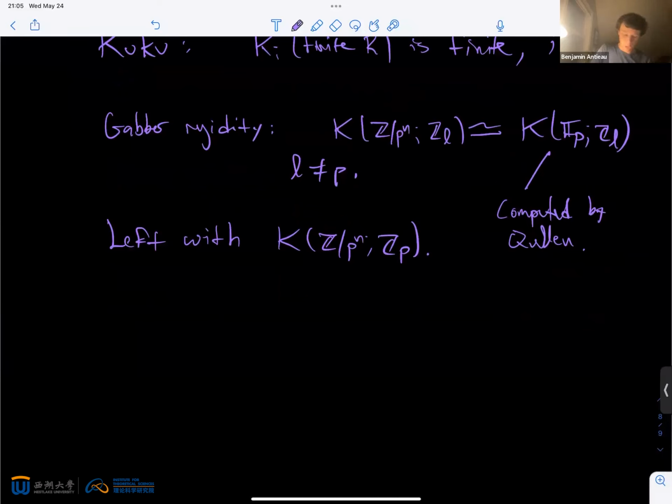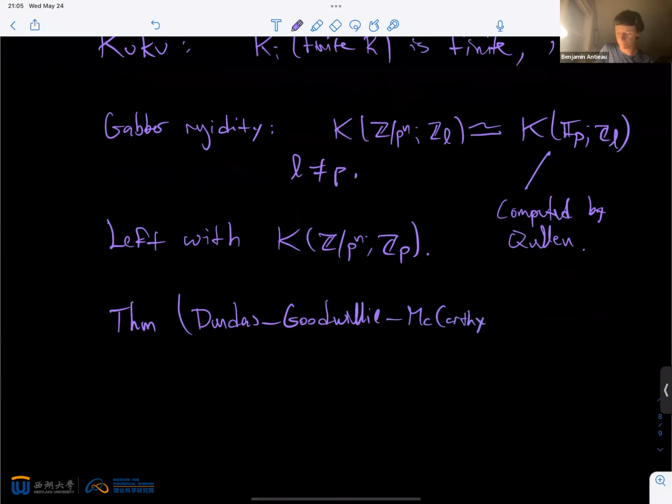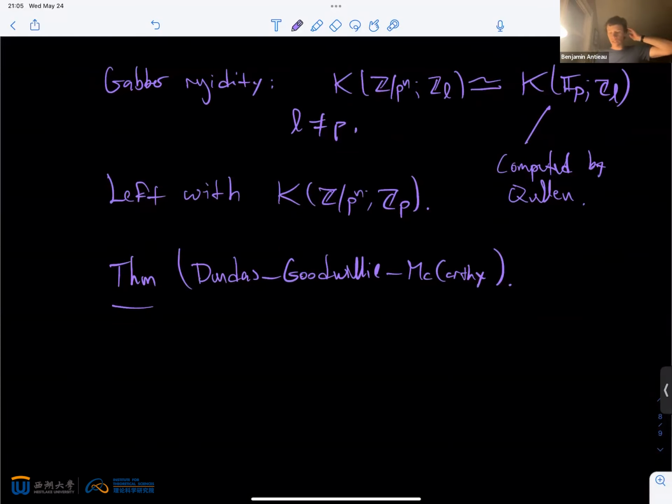And now there's a major theorem of Dundas, Goodwillie, and McCarthy, which is one of the main results in the subject. It lets us do a sort of dévissage with rings.